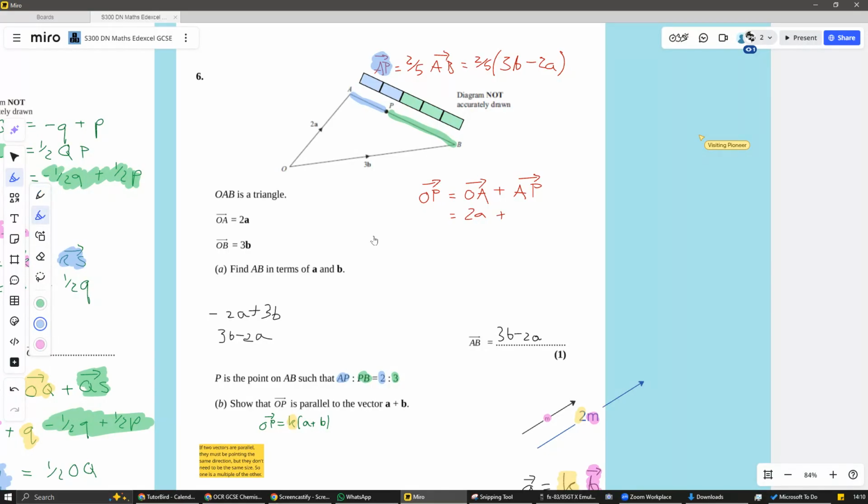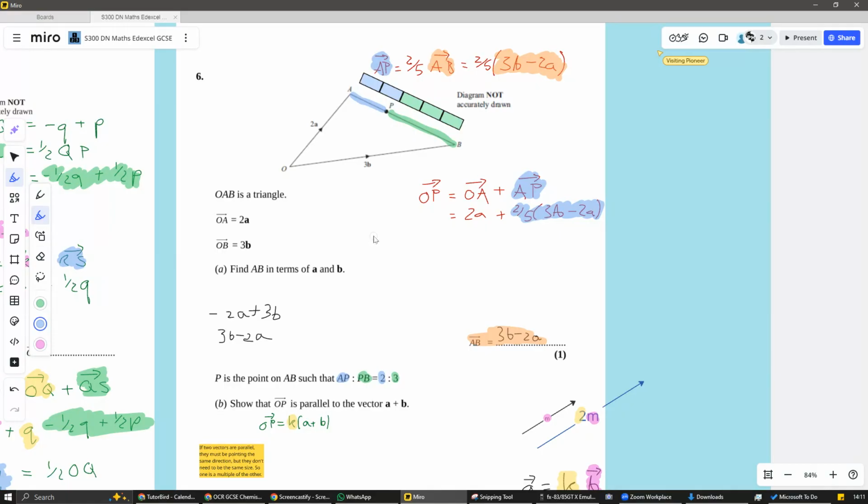A to P I've highlighted as blue, so it's this one here. So we can say A to P is all of this. So 2/5 of 3B minus 2A. It's probably more useful to highlight the whole thing blue.